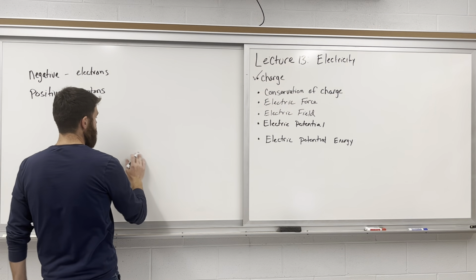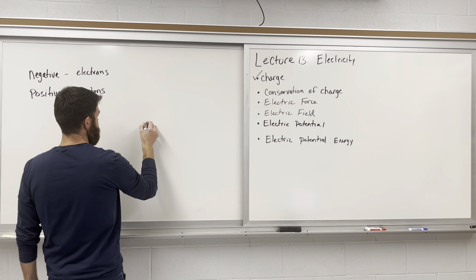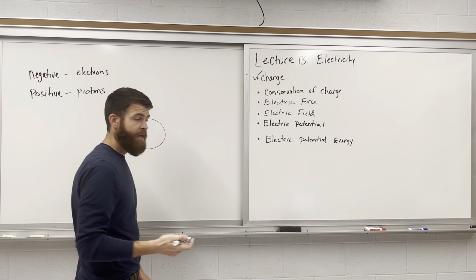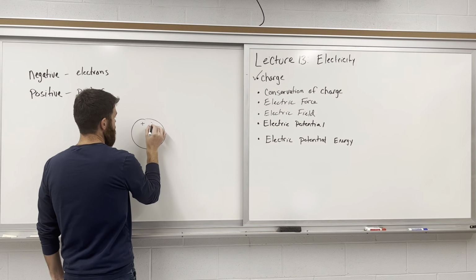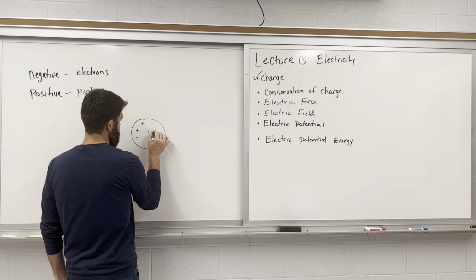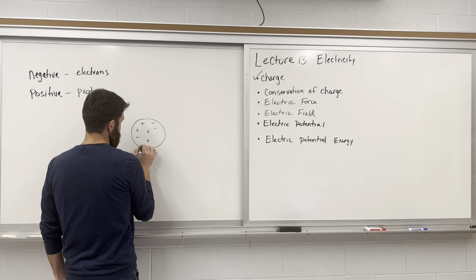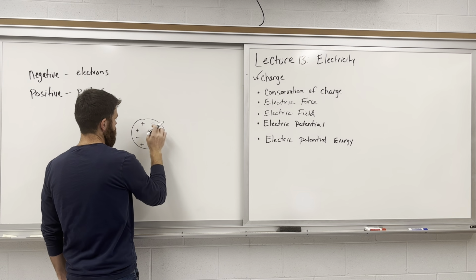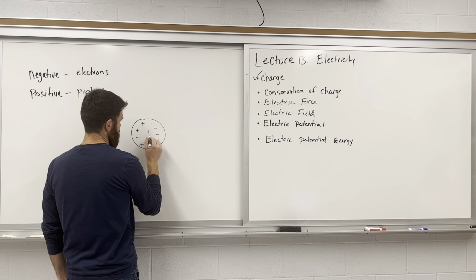So let's say we have an object, going back to charge for a second, and it has no net electrical charge. We say it's neutrally charged. So it has positive and negative charges mixed in. So it's 1, 2, 3, 4, 5, 1, 2, 3, 4, 5.